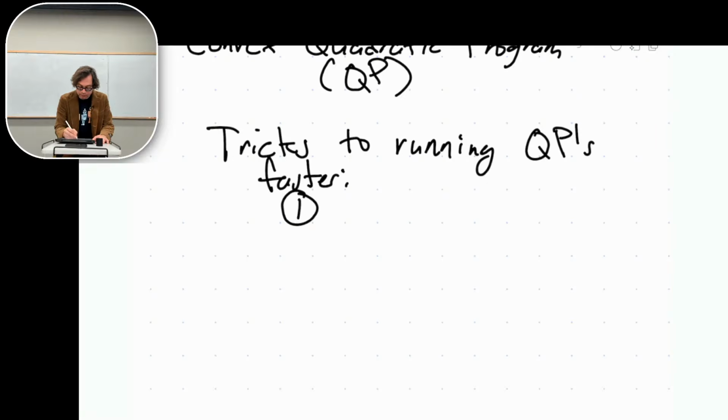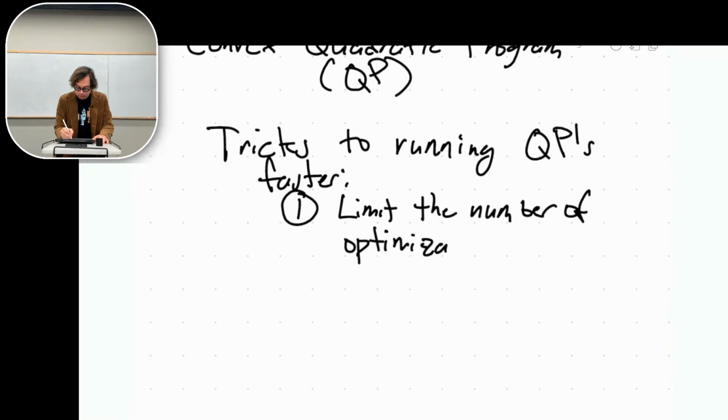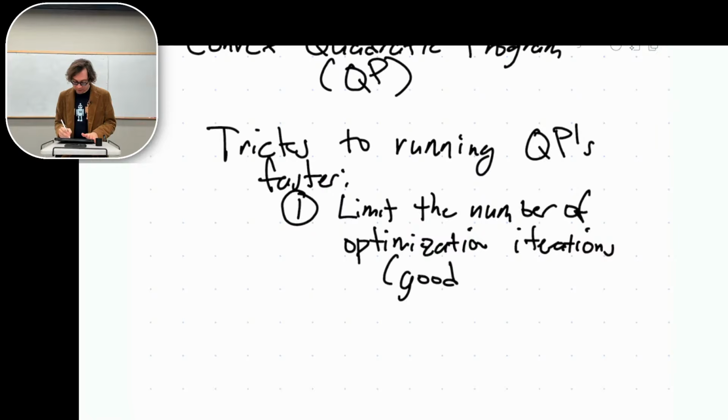One is you can limit the number of optimization iterations. Okay? It might find something that's good enough, even if it's not optimal. Good enough, we need it now. We need an answer now. Okay?